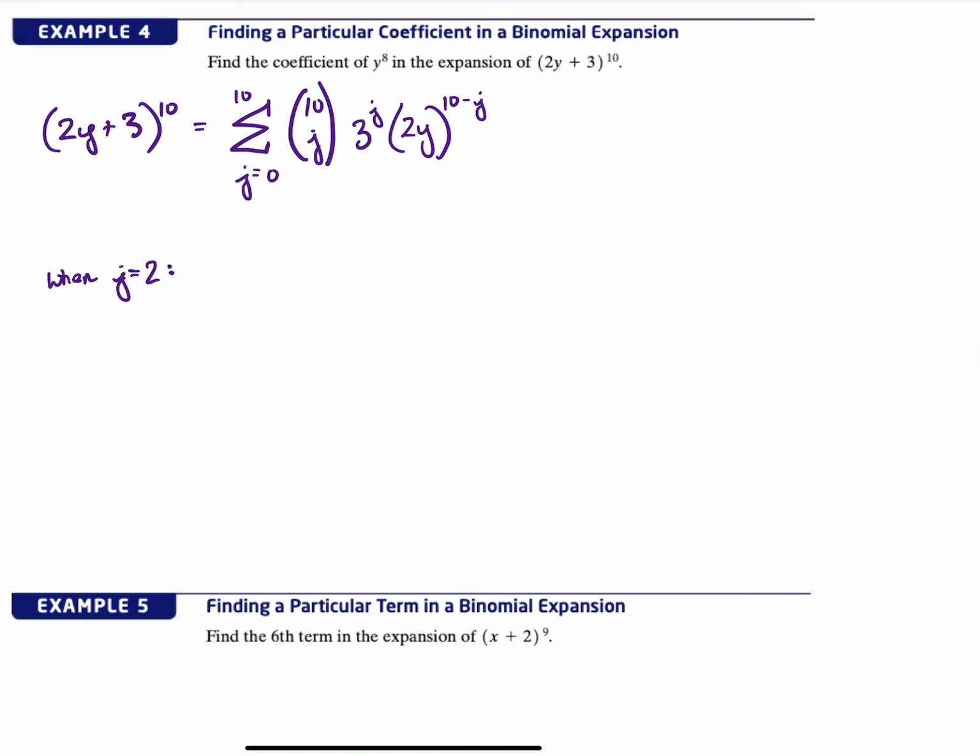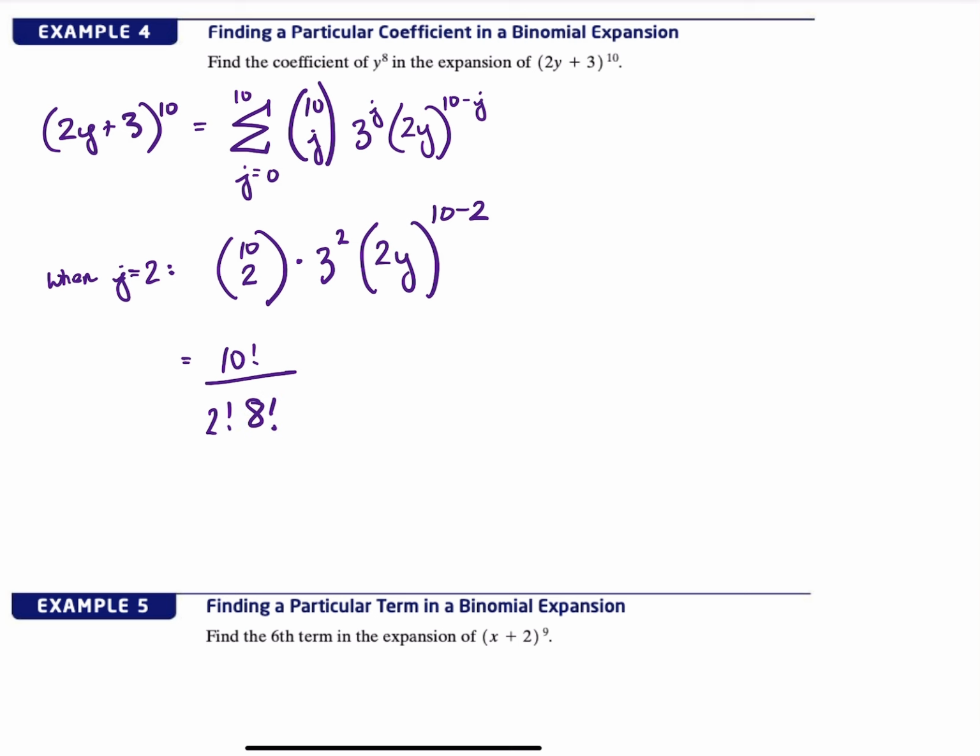So we would have 10 choose 2 times 3 to the second power times 2y to the 10 minus 2 power. So 10 choose 2, that'll be 10 factorial over 2 factorial times 10 minus 2 factorial, so times 8 factorial, times 3 squared, which is 9. And then this will be times 2 to the 8th power times y to the 8th power.